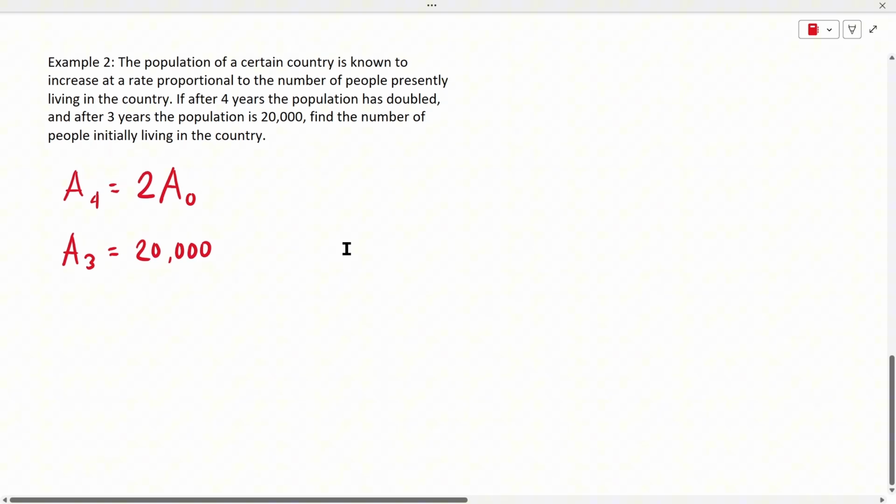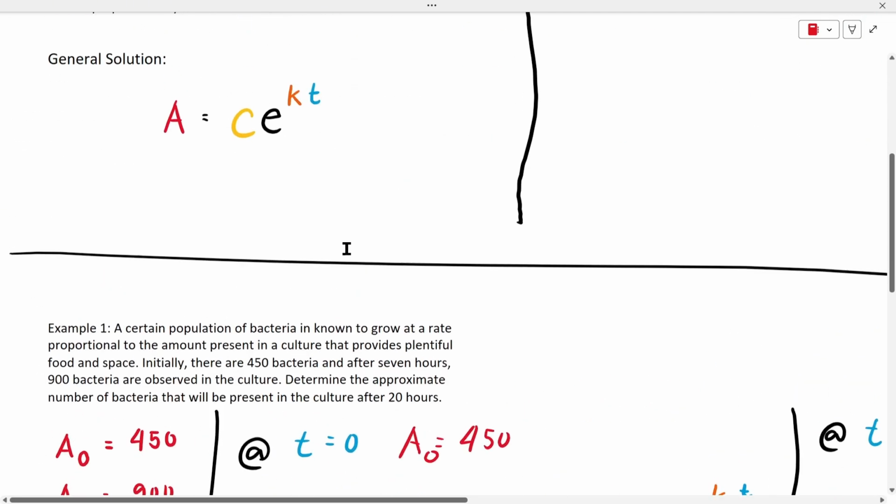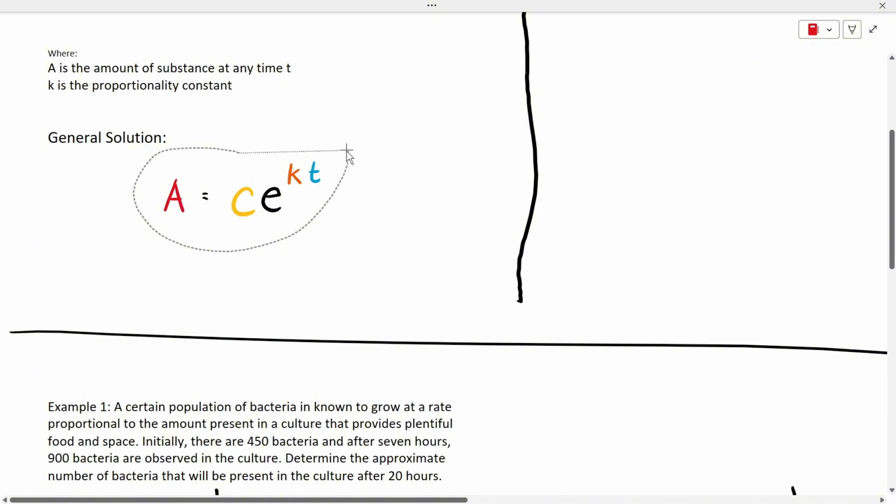Let's proceed with its general solution.